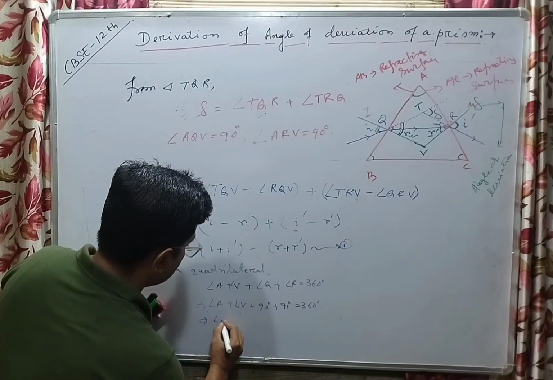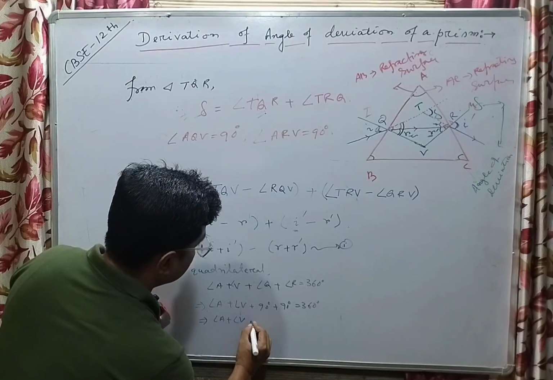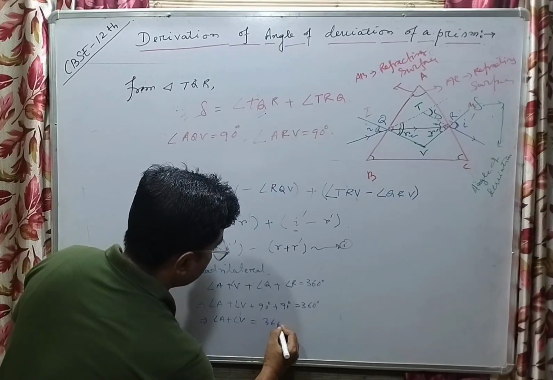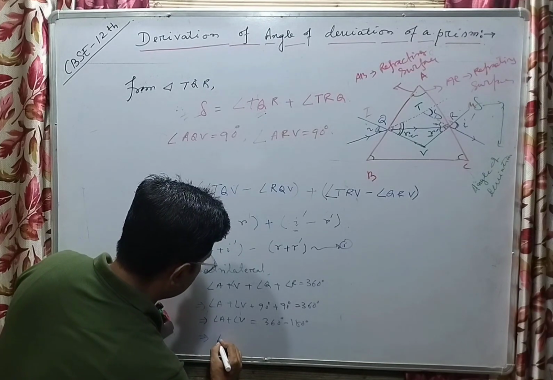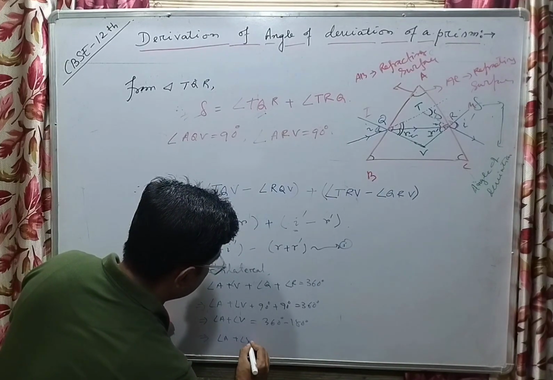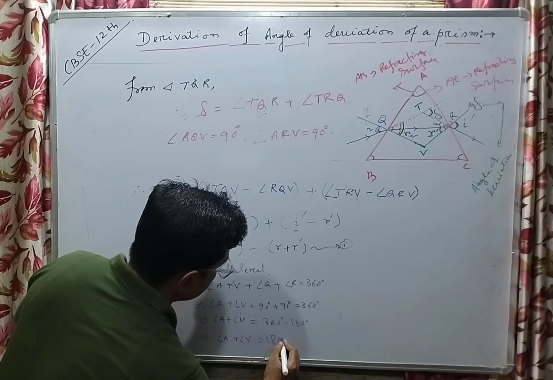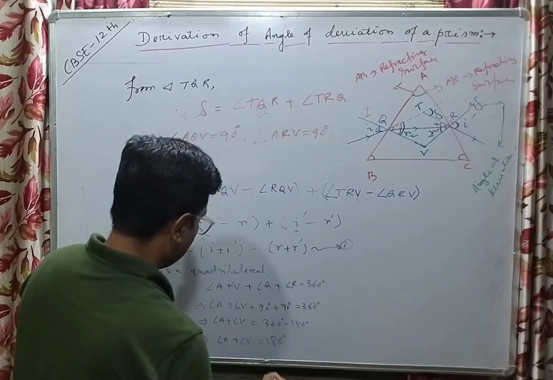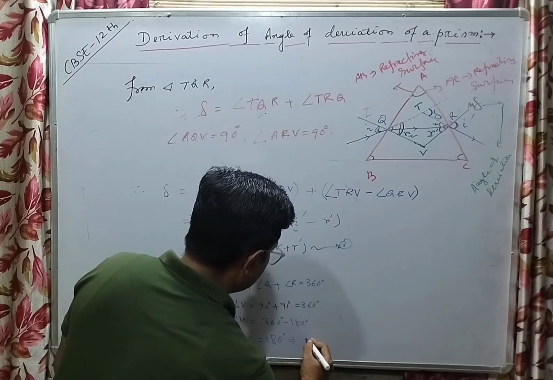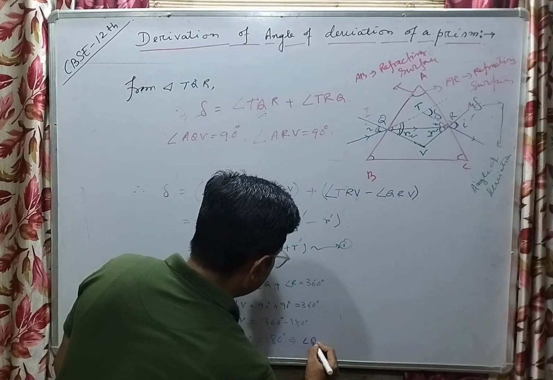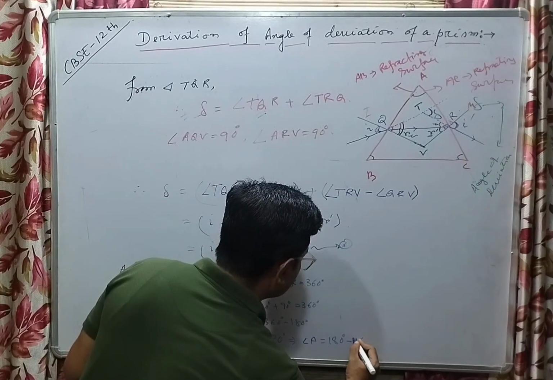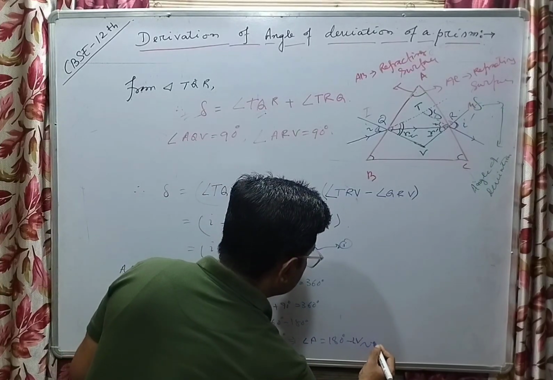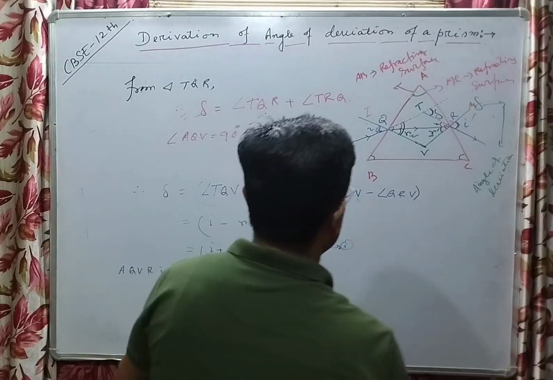Okay, angle A plus angle V is equal to 360 minus 180. From here, angle A plus angle V is equal to 180 degrees. Now this gives angle A is equal to 180 degrees minus angle V. Suppose it is equation number 2.